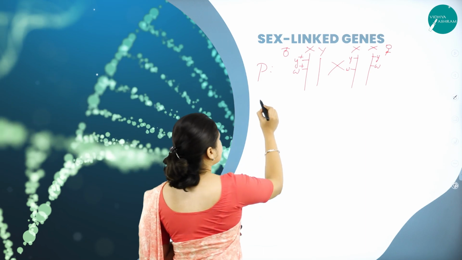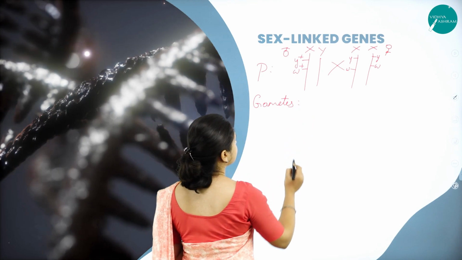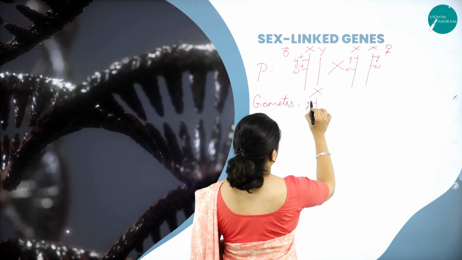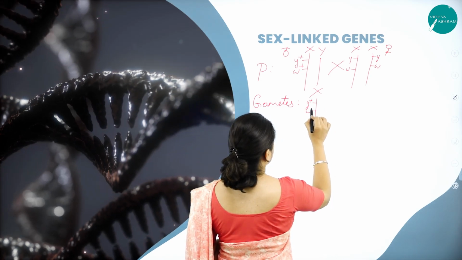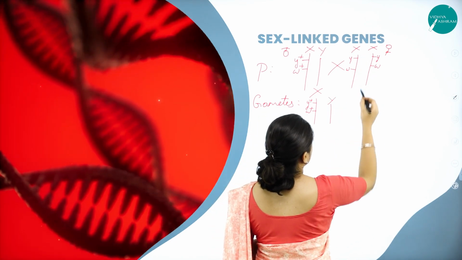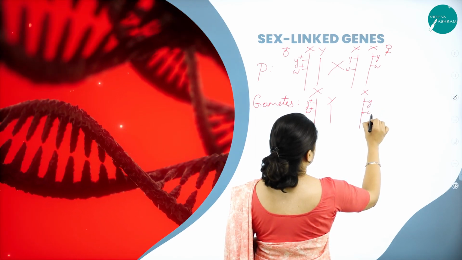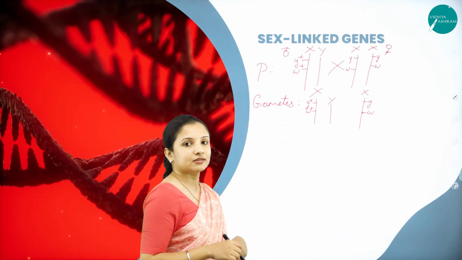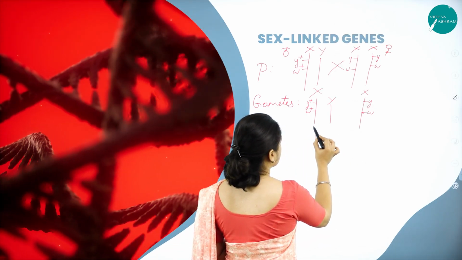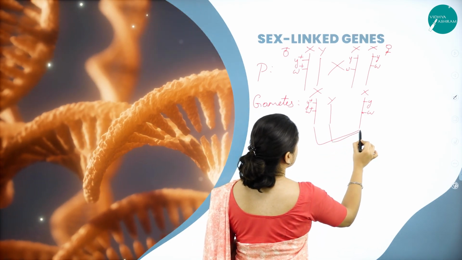So what are the gametes that are involved? The gametes that are involved are X, y plus and w plus, and Y. Then here both are same. So only one gamete, y and w. So when a crossing is done, what happens? So now a crossing will take place with this, and this also with this one.